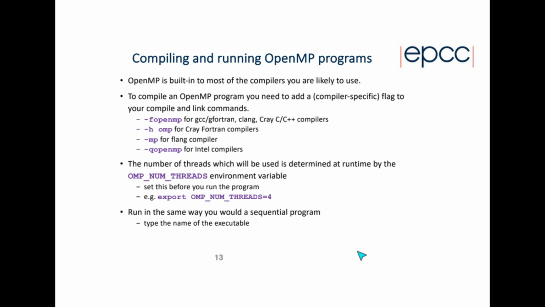If you're using Slurm, then you can launch OpenMP with srun. That is useful because you can use Slurm's controls over hardware resource allocation, so which cores you want to run on, and so on. But it's not necessary.